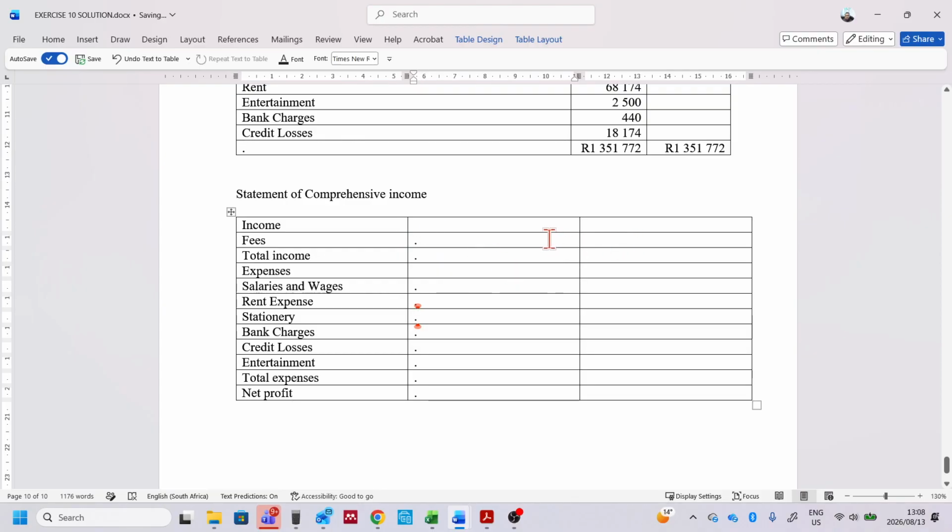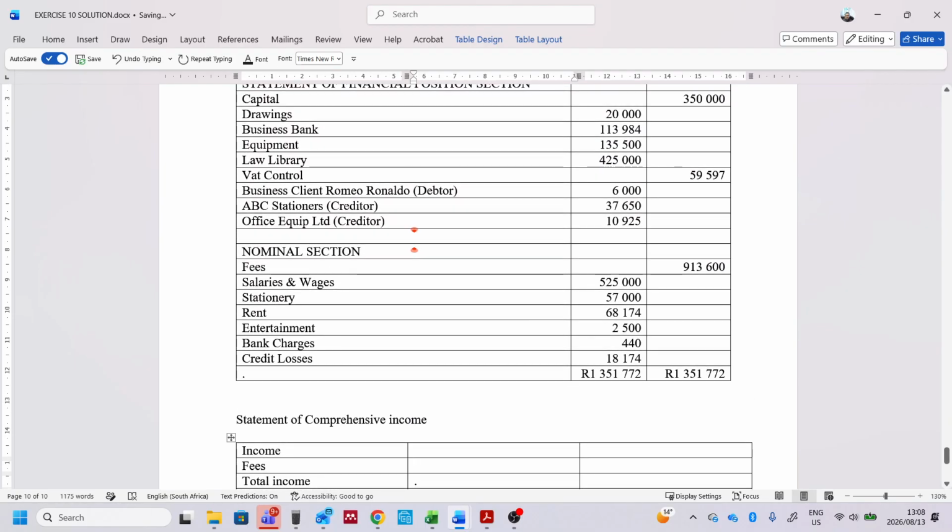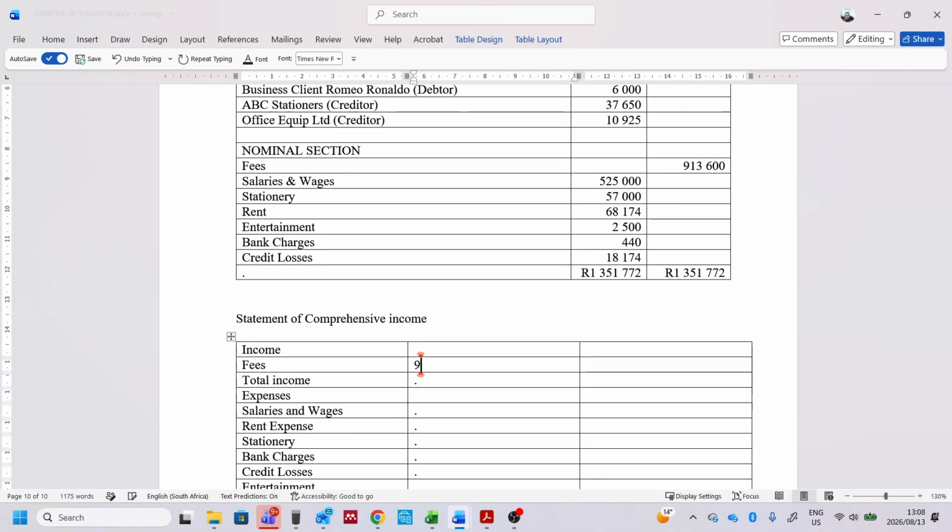So this means that on this side, you will write your total fees, which is coming from your trial balance. They'll give you a trial balance and say, prepare the statement. So when you prepare the income statement from a trial balance, you take the total of 913,600 as your fees amount. You list it here. If you're given one column, it's fine.